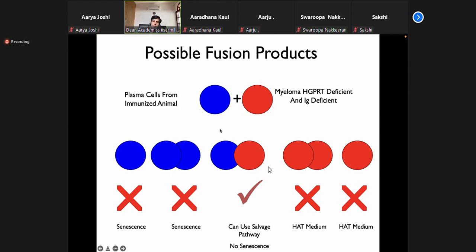So you are able to select only the fused heterokaryon, that means the cells which consist of the primary cell as well as the cancerous cell. The fused product of these two things you would be able to select out.